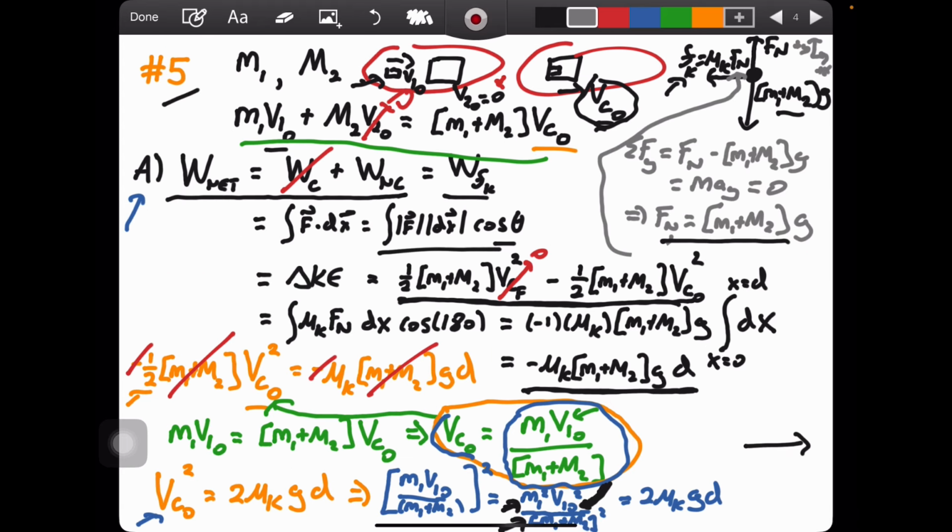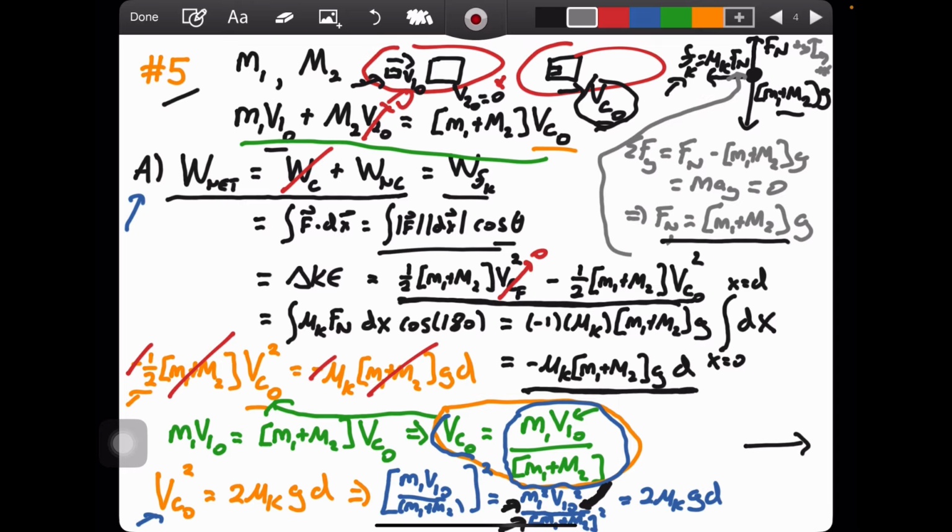So to review, lots of physics going on in this problem. We have a perfectly inelastic collision. After this perfectly inelastic collision, we then have work being done by the non-conservative force of friction. We talked about the work energy theorem. The work energy theorem tells us that the net work on a system is going to be equal to the work due to the conservative forces plus the work due to the non-conservative forces.